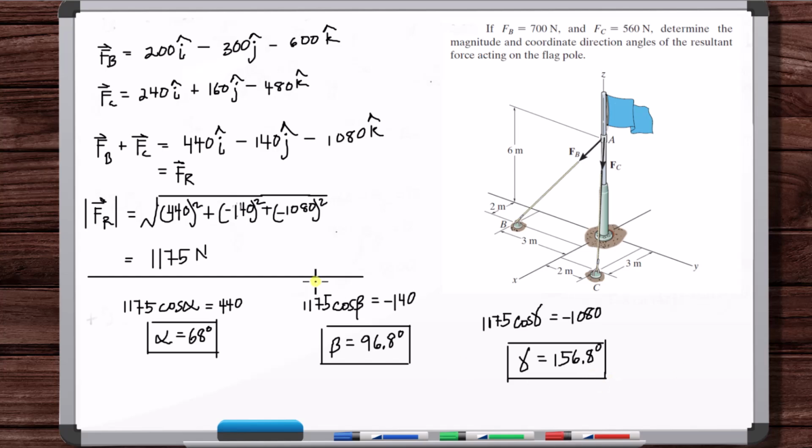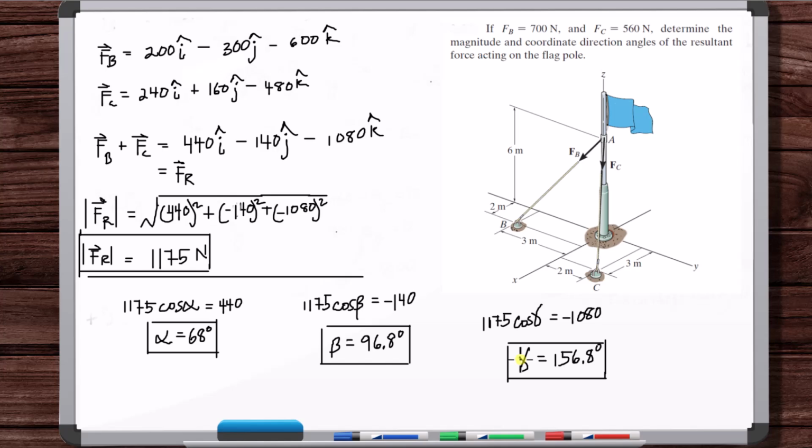And there you go. We've got the magnitude of the resultant, and this is the direction of the resultant.